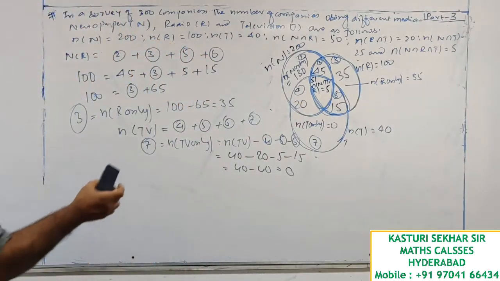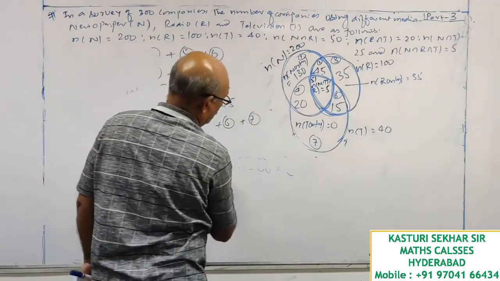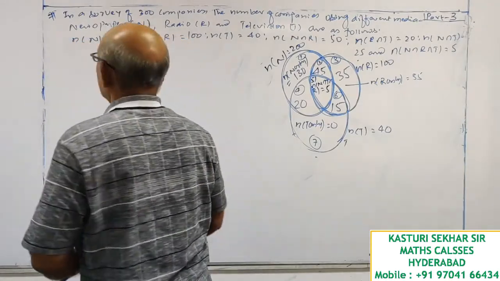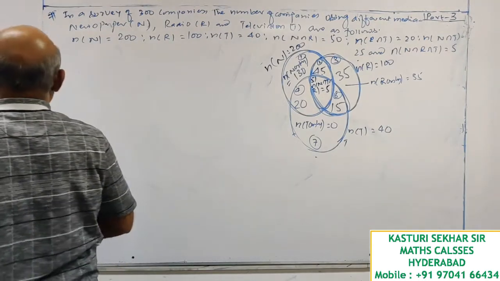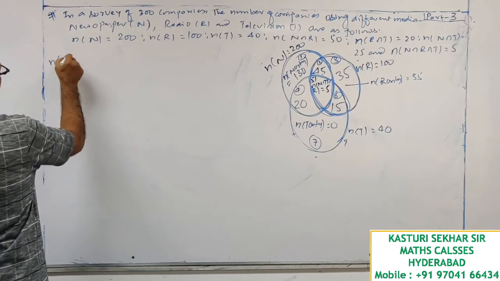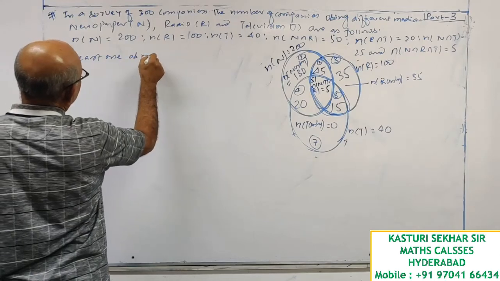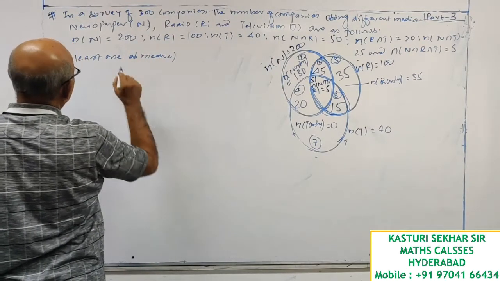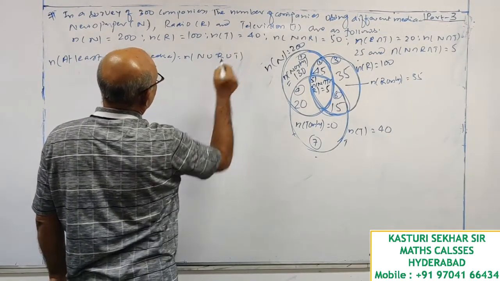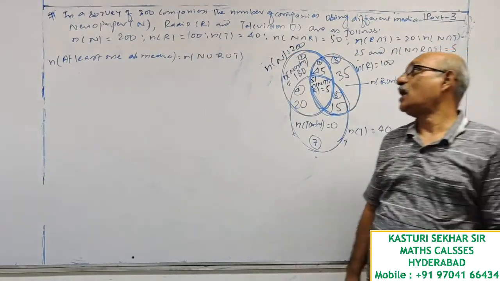Next question is at least one as media. At least one as media means n of newspaper union radio union TV.